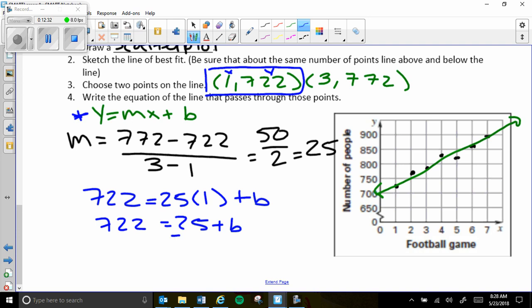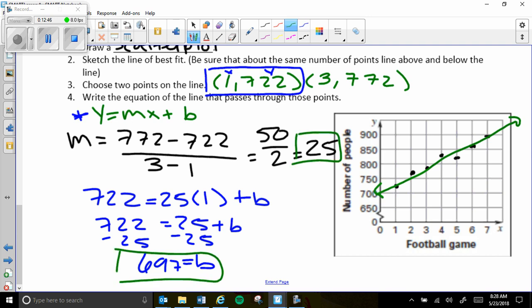In order to solve for b, I subtract 25 from both sides, which gives me b equals 697. So now I have an m and I have a b, so I can write the equation of my line. Y equals 25x plus 697. Y equals 25x plus 697.